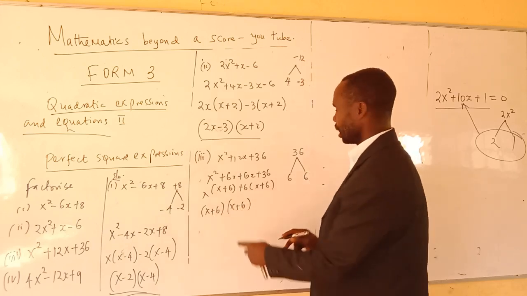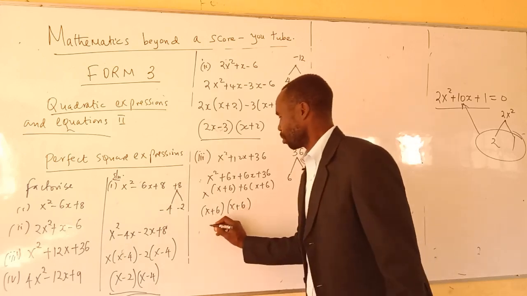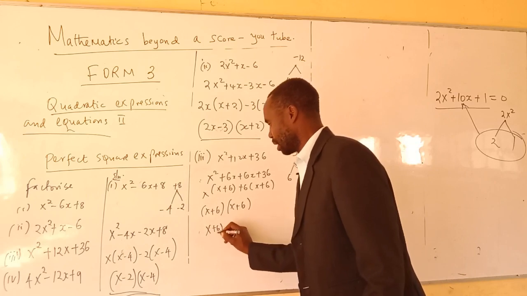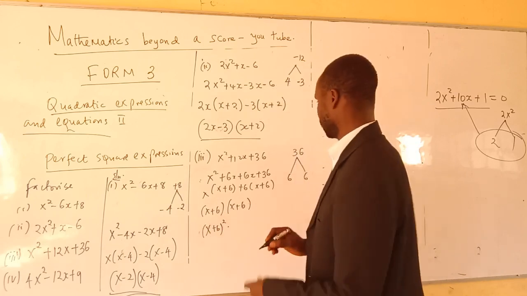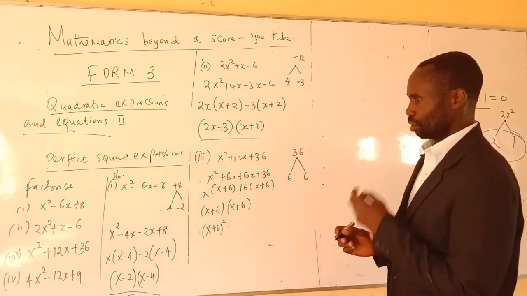This bracket and this bracket are the same. So we have (x + 6) squared, like that.